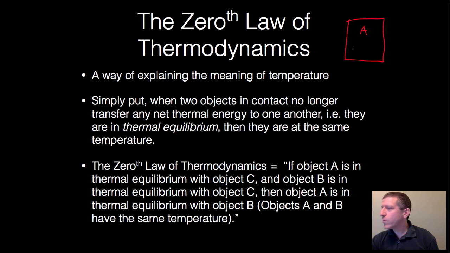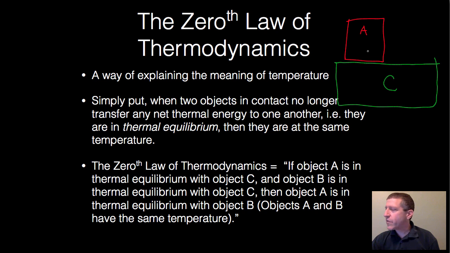And let's say it's in thermal equilibrium with another object. Here's object C. So if object A is in thermal equilibrium with object C, there may be energy flowing back and forth, but it's the same amount of energy flowing out of A into C and flowing out of C into A. So those two are in thermal equilibrium. If object B is also in thermal equilibrium, let me draw object B in here.